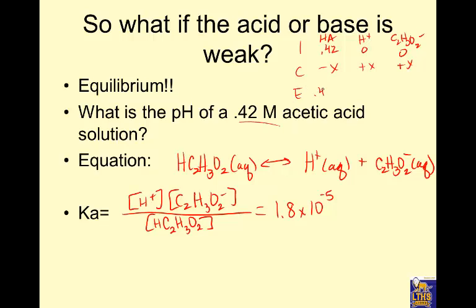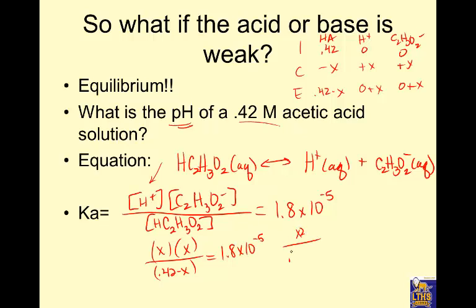So at equilibrium, we're going to have 0.42 minus X, 0 plus X, 0 plus X. All right? So if I want to find the pH, I need H plus. So I would go ahead and plug in X times X over 0.42 minus X, and that has to equal 1.8 times 10 to the negative 5th. Alright, so this goes to X squared over 0.42 minus X equals 1.8 times 10 to the negative 5th.